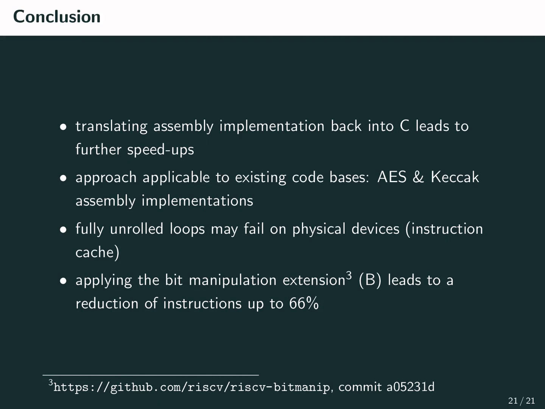Although strategies such as fully unrolled loops may work nicely in simulated environments, they may fail on physical devices with instruction cache. Further, applying the bit manipulation extension in a simulated environment leads to a reduction of instructions up to 66%.